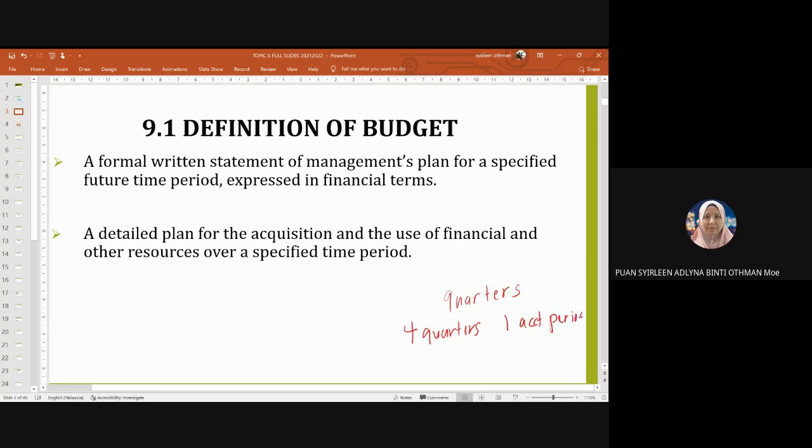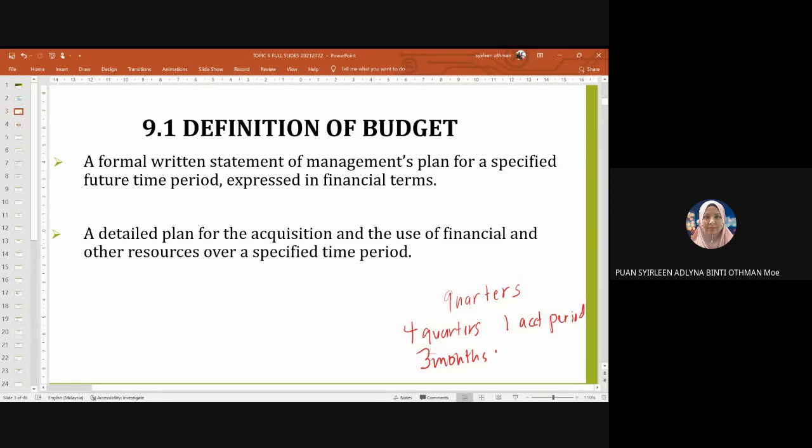So each quarter will be 3 months. Ada juga budget yang kita akan buat monthly. So bila kita buat monthly tu dia akan jadi banyak sikit lah. But certain question they ask you to prepare the budget dalam bentuk quarters. So you need to prepare untuk 3 bulan sekali.